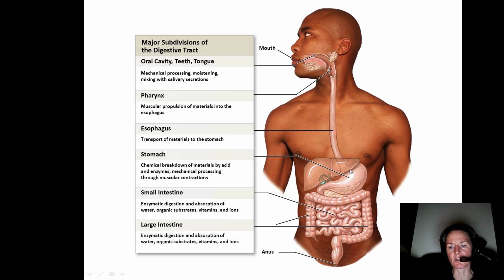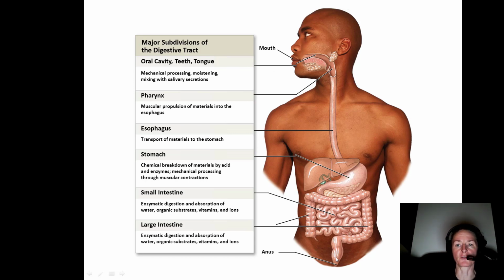And then it will transition into a simple columnar epithelium where we get into the organs that are going to be doing a lot of the heavy work of the digestion and later the absorption. So we're going to have a simple columnar epithelium from the stomach through the small intestine into the large intestine, and then all the way to the rectum, where it's going to transition back into a stratified squamous epithelium.